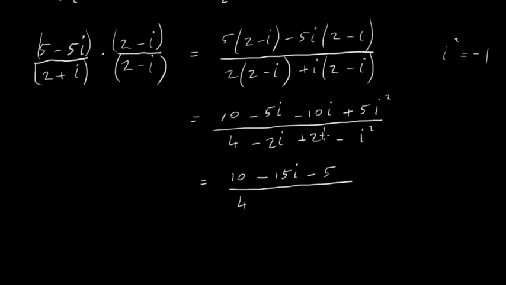Minus 2i plus 2i will give me 0, so these two cancel each other out. And here I've got minus i squared. Remember, i squared is minus 1, so minus minus 1 is plus 1. Okay, so we got rid of all the i's on the bottom, that's perfect. On the top we end up with 10 minus 5, which is 5, minus 15i. On the bottom we end up with 5.